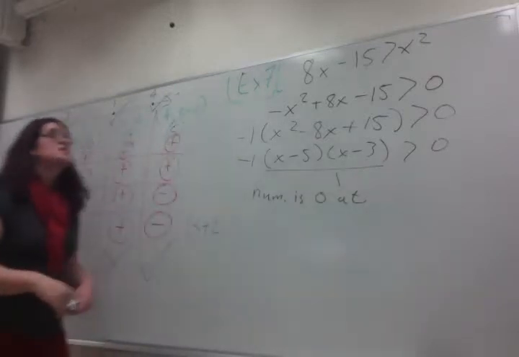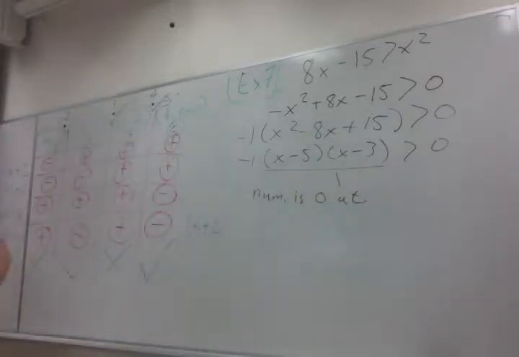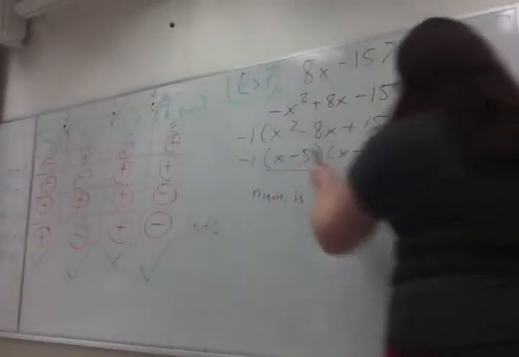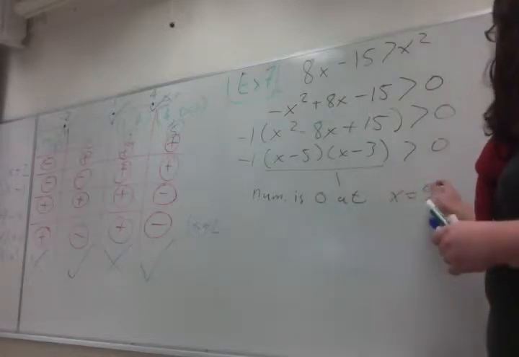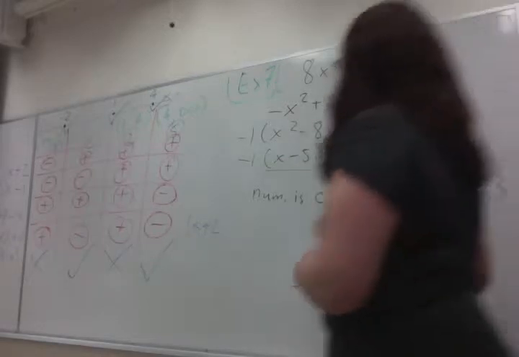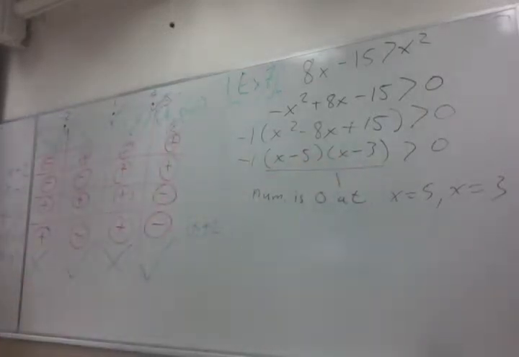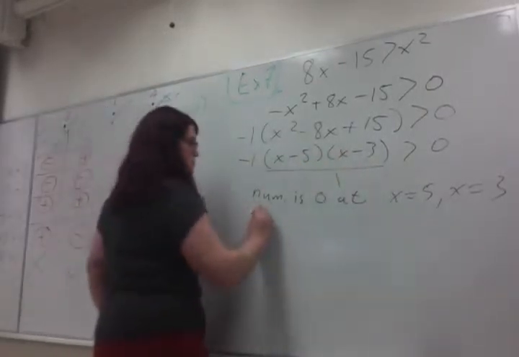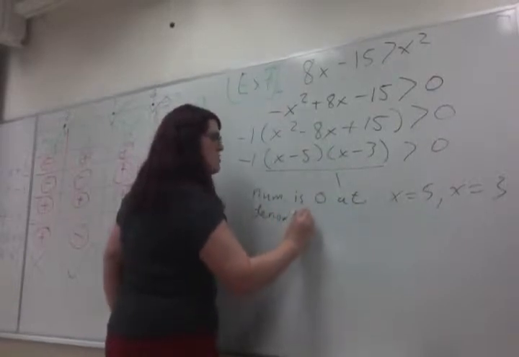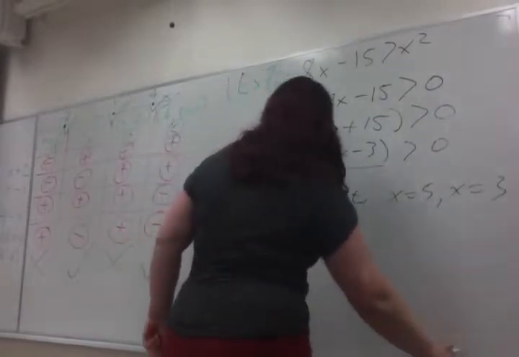So then we have to ask, when is the top 0, when is the bottom 0? The numerator is 0 when x is 5, and when x is 3. Right? X minus 5 is 0 when x is 5, x minus 3 is 0 when x is 3. The denominator is 0 never.